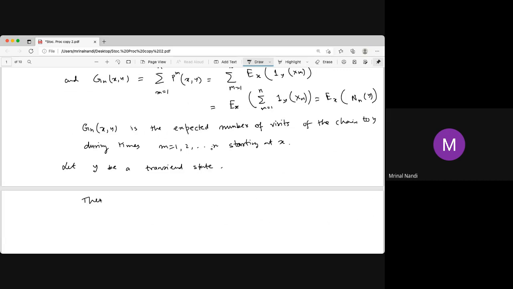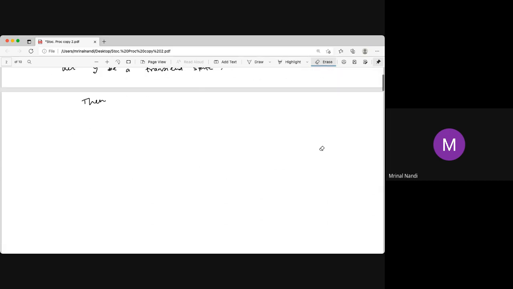If y is a transient state, then we know that the limit as n tends to infinity of N_n(y) is finite with probability 1. For a transient state, with probability 1 it is finite; for a recurrent state, it is infinite with probability 1.